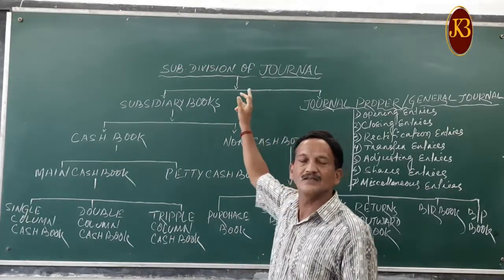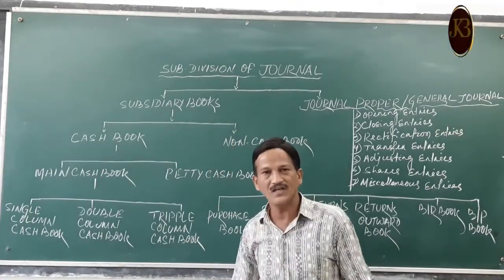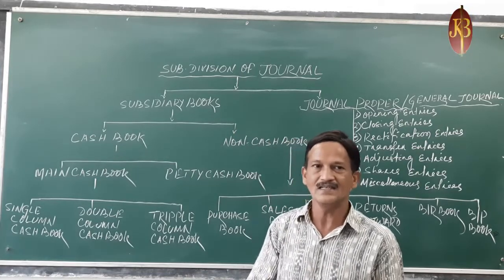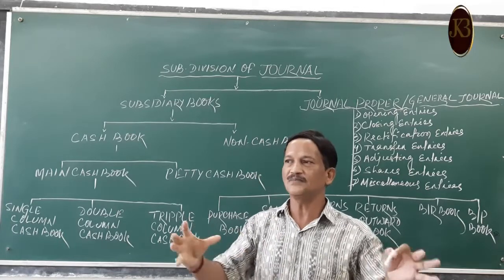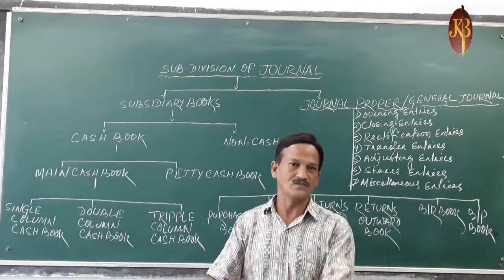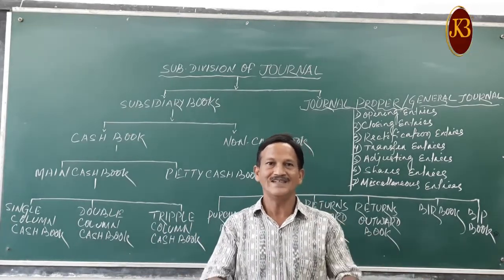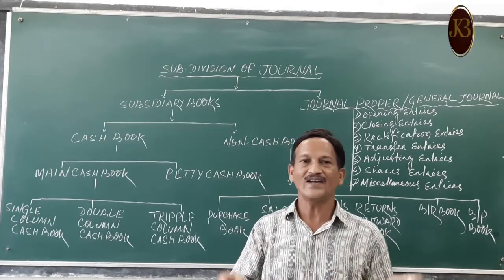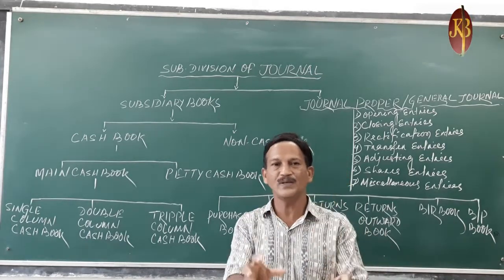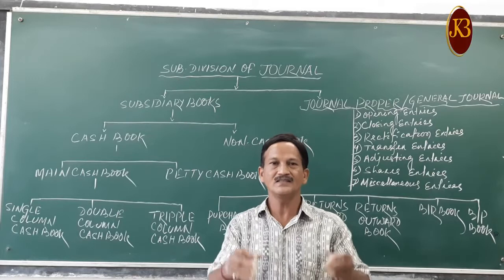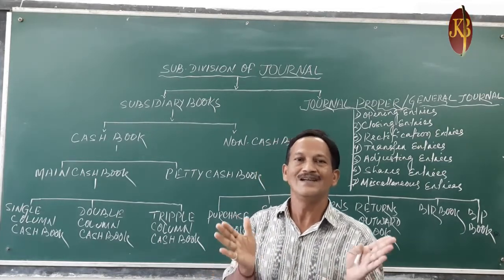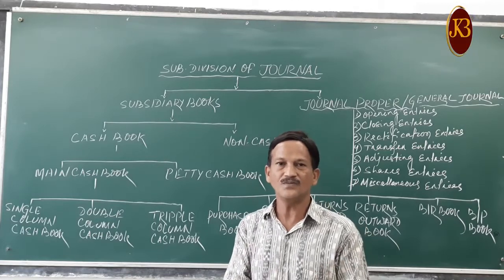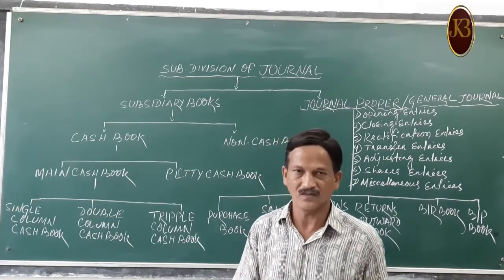This subdivision of journal is necessary to divide the journal into different books, so that the transactions are recorded in the different books, and the journal book will have very few transactions to record.